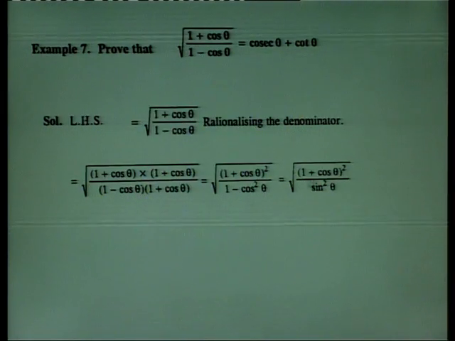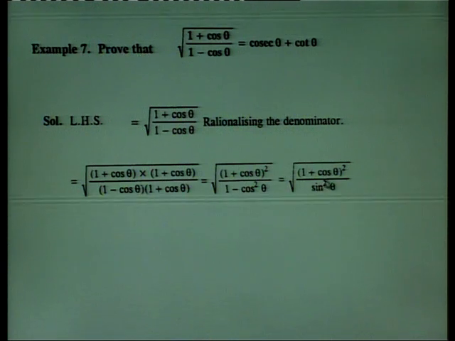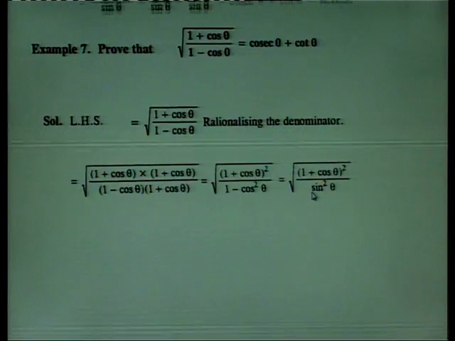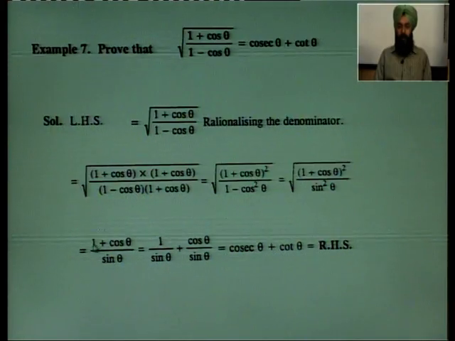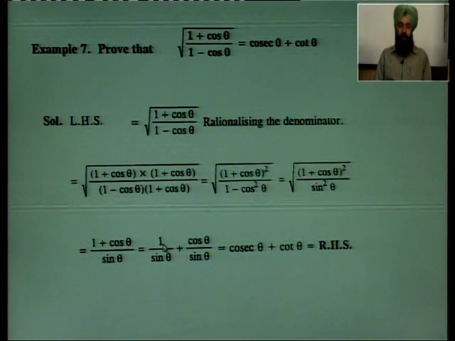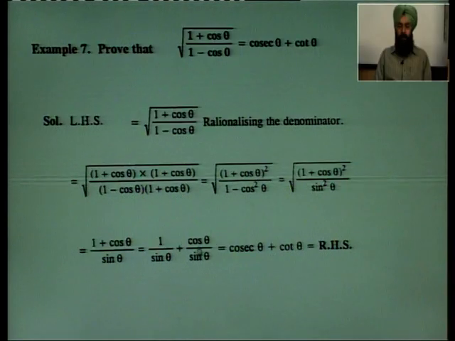So, it will be 1 plus cos theta whole square over sin square theta under the root. So, this will be equal to 1 plus cos theta over sin theta, and we can divide this, it will be equal to 1 over sin theta plus cos theta over sin theta. We know 1 over sin theta is cosecant theta and cos theta over sin theta is cot theta.